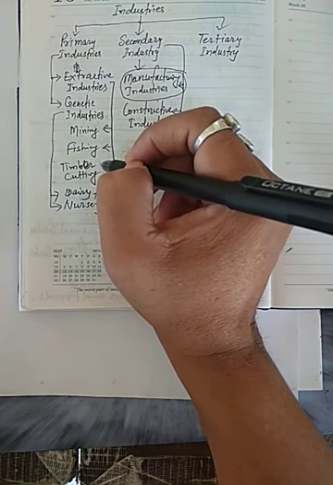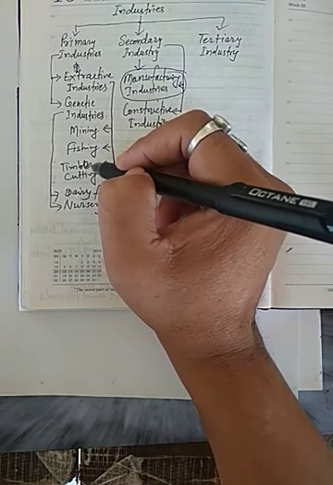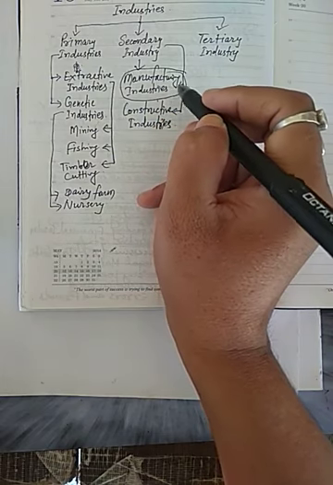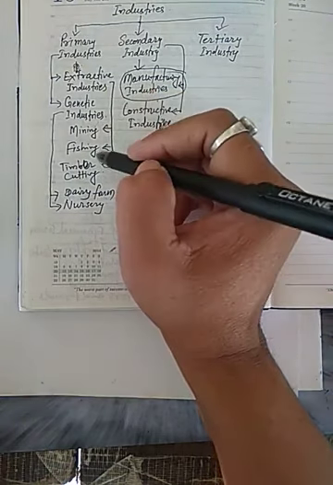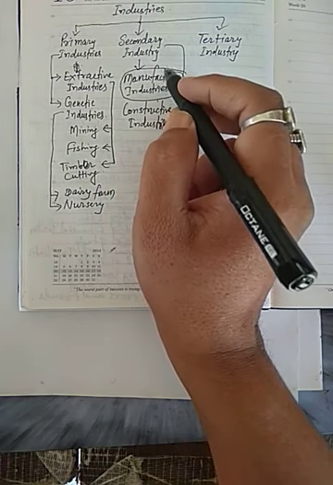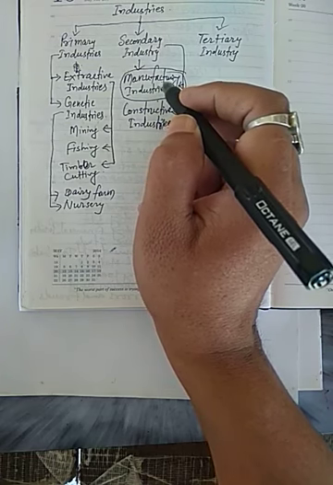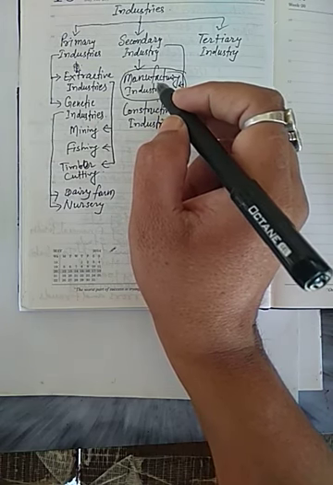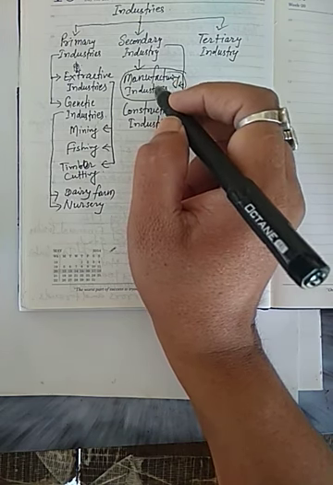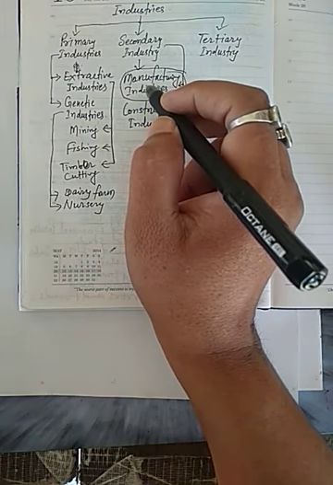Timber cutting is related to primary industry, but when timber is sent to secondary industry and converted into furniture, it comes under secondary industry.